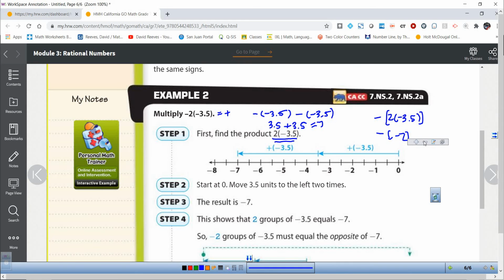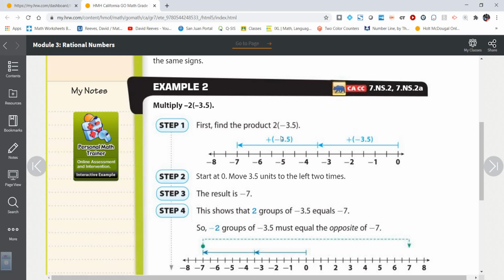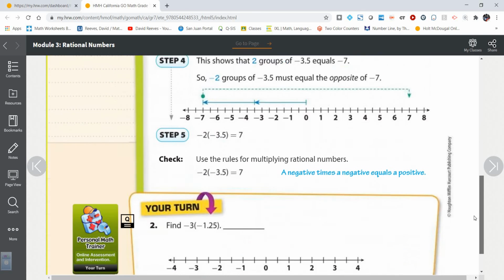They got an answer of negative 7, and then they did the opposite of negative 7 and got positive 7. All right? So if you were doing it my way, we can't actually do it because the number line doesn't go that way. But we would go 3.5 that way, and then we would go 3.5 more that way. All right? And then we'd end up at 7. But either way works. All right?